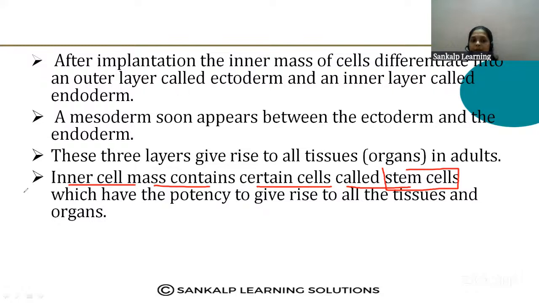Very important. The question will be like this: which cell of the inner cell mass has the ability to develop into all tissues and organs? That is stem cells. Note down this point. Stem cells. Very important.